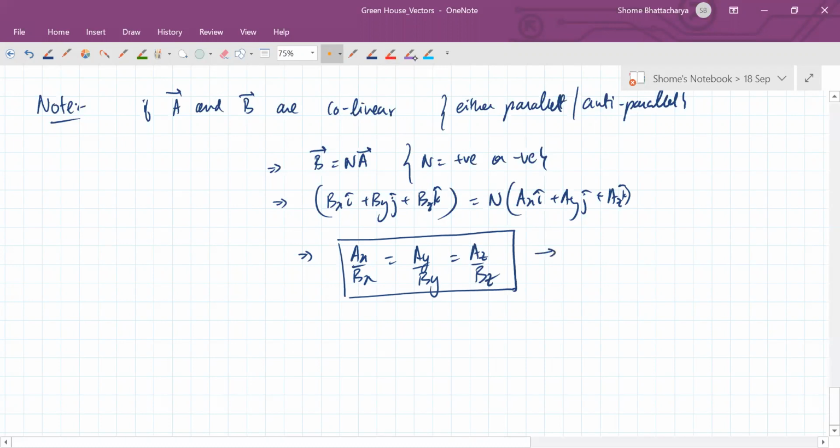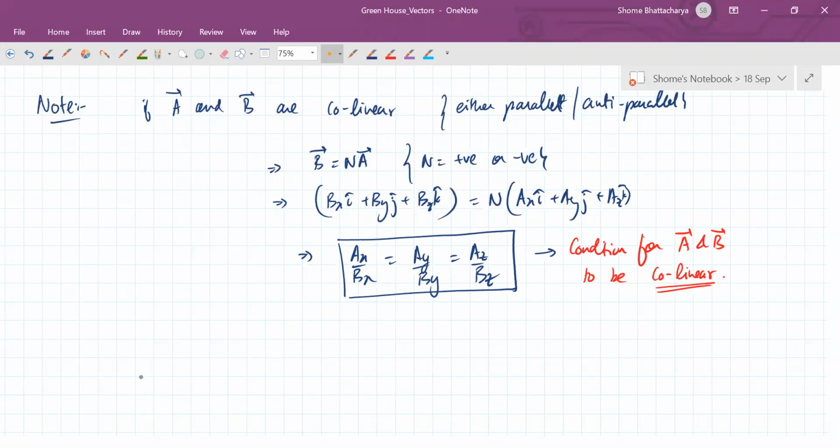This is the condition for A and B to be collinear.